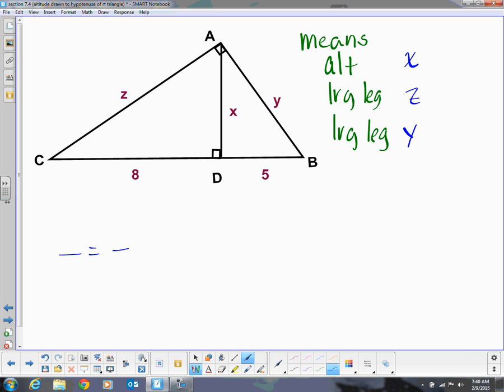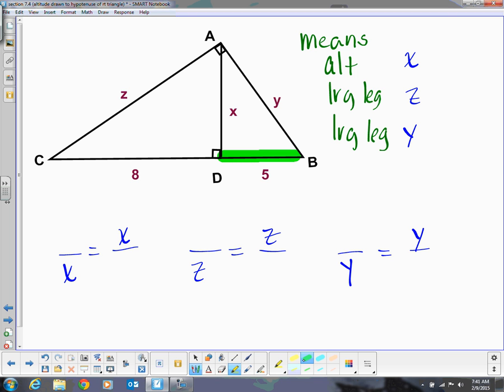So now you're going to set up, since I have 3 means, 3 proportions. The means go in the mean position. Don't assume that they're always going to be variables. My hypotenuse is separated into 2 pieces.